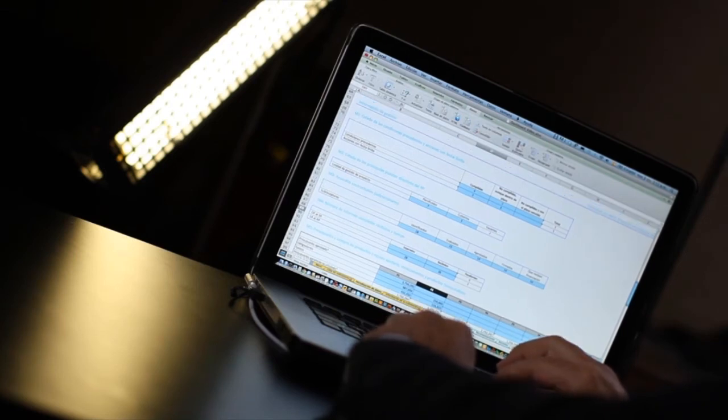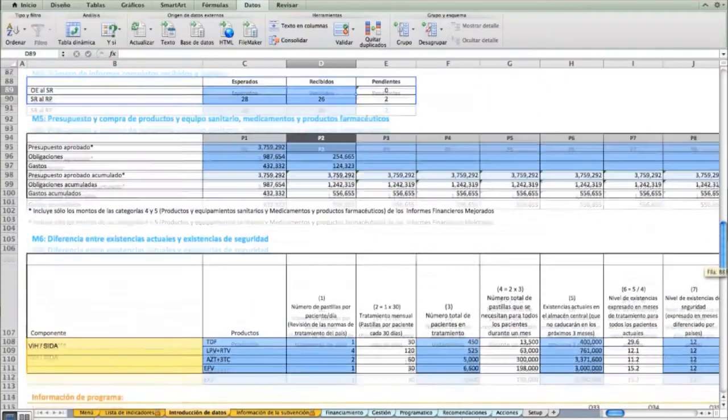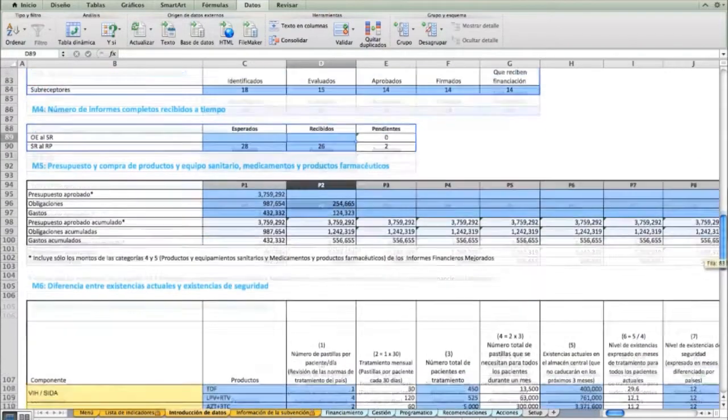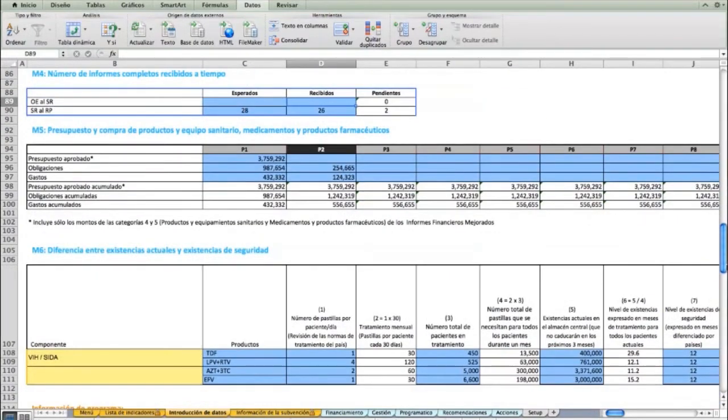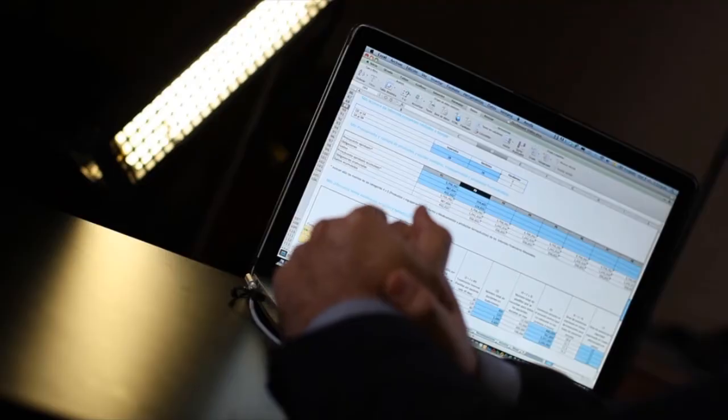The M5 and M6 are 2 of the most important management indicators. The M5 includes the budget for purchasing health products and health equipment, medicines, and pharmaceuticals. This indicator is very important because in many countries, over 80% of the grant funds usually go to the purchasing of drugs.